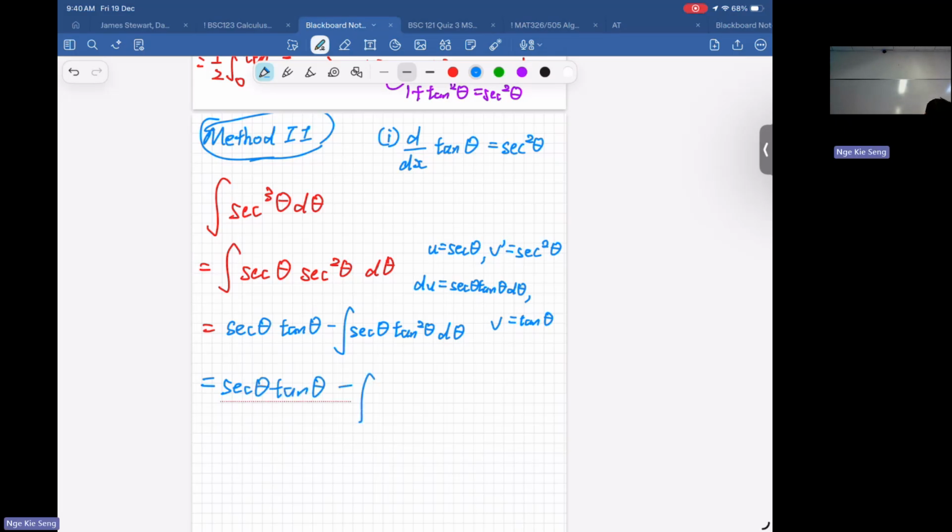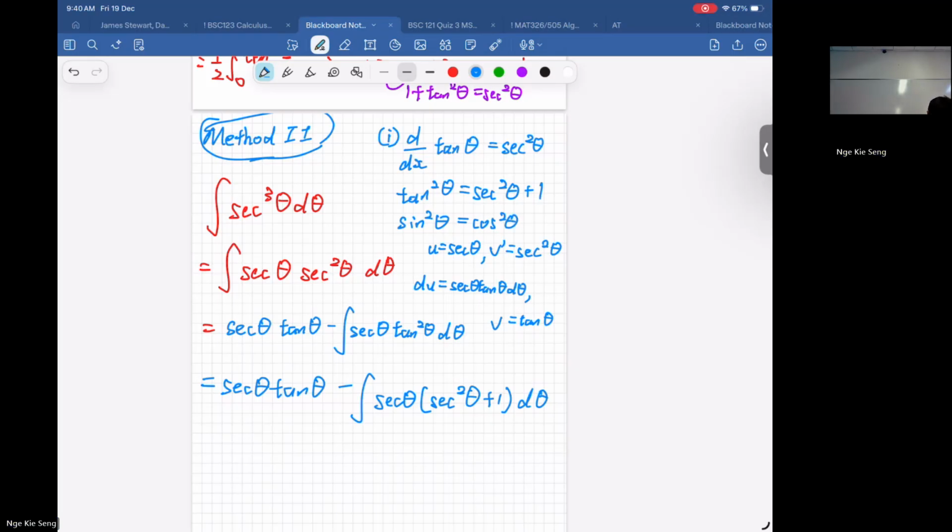This will be plus one or minus one. Let's try minus one. Let me write down first. Here sine square theta equals cos square, so I think it's one.